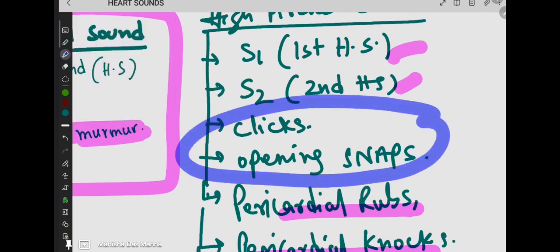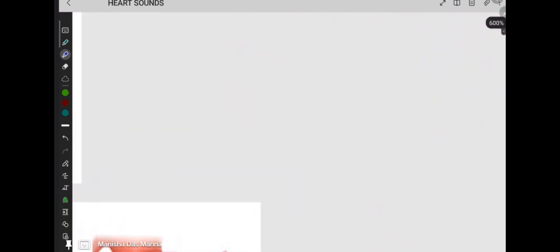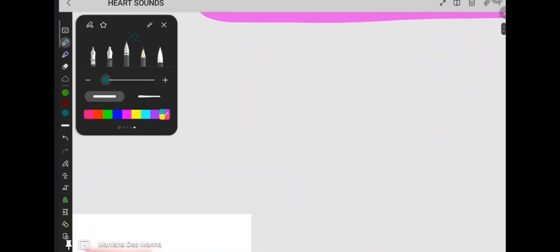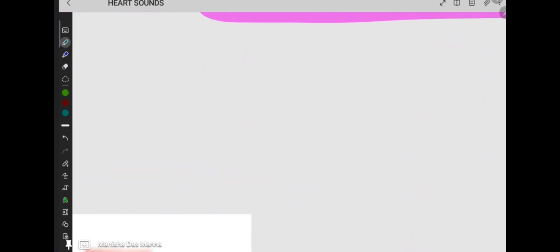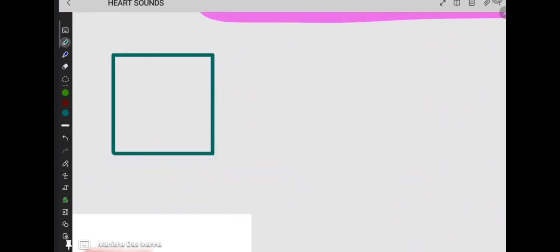Look at this first. What is a click and what is a snap? Let's imagine this is the four chambers of your heart. This is the right atrium, right ventricle, left atrium, left ventricle.